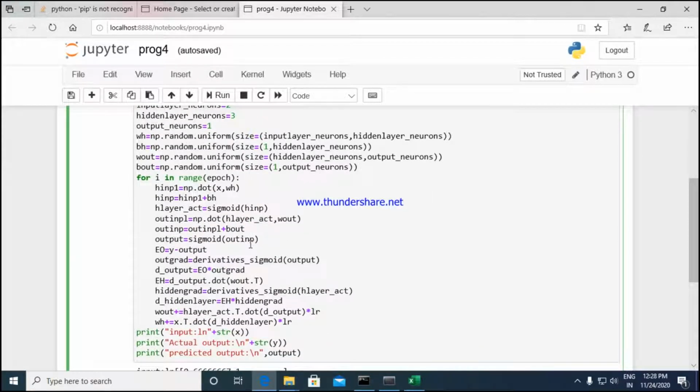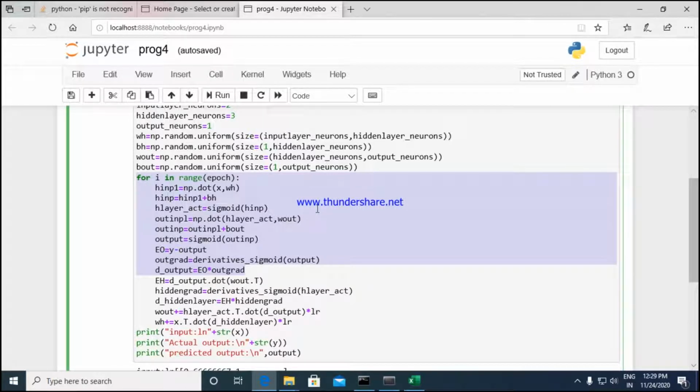And what does the forward pass do? As you can see here, I have highlighted this part. This entire part is nothing but the forward pass process. What do we do in this forward pass?